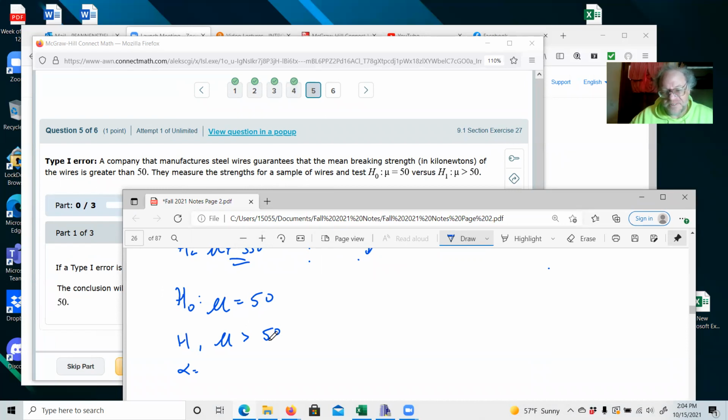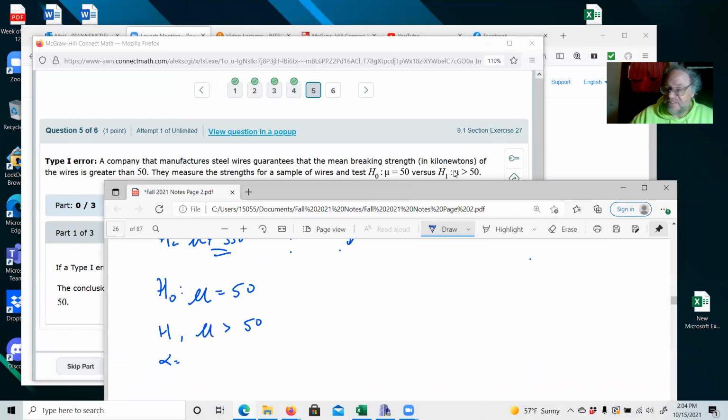But we're worried about this. Okay, so the quality control part of me is looking at this like, I don't care if they're too strong. I want to know if they're too weak. But that's the problem we have. Okay, so again, remember, this is the one-sided test. We are looking at the right side of the curve. Okay, so they said it was 50.